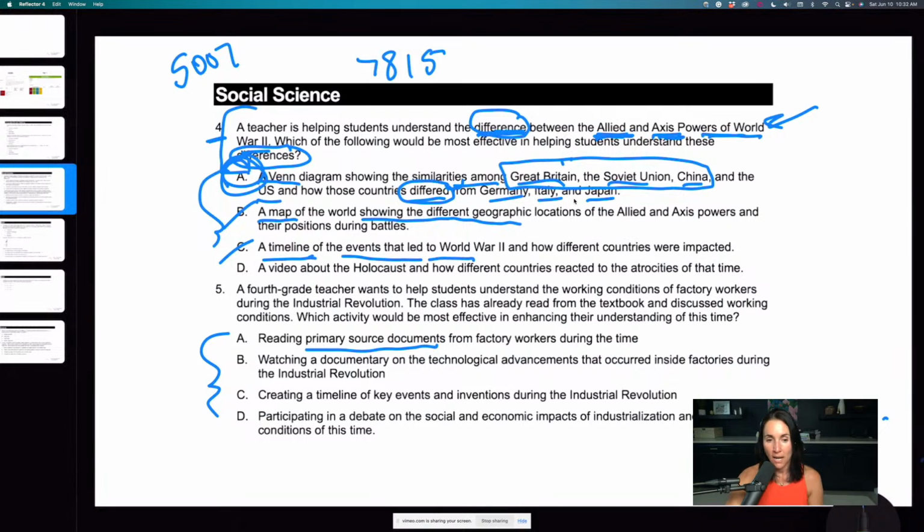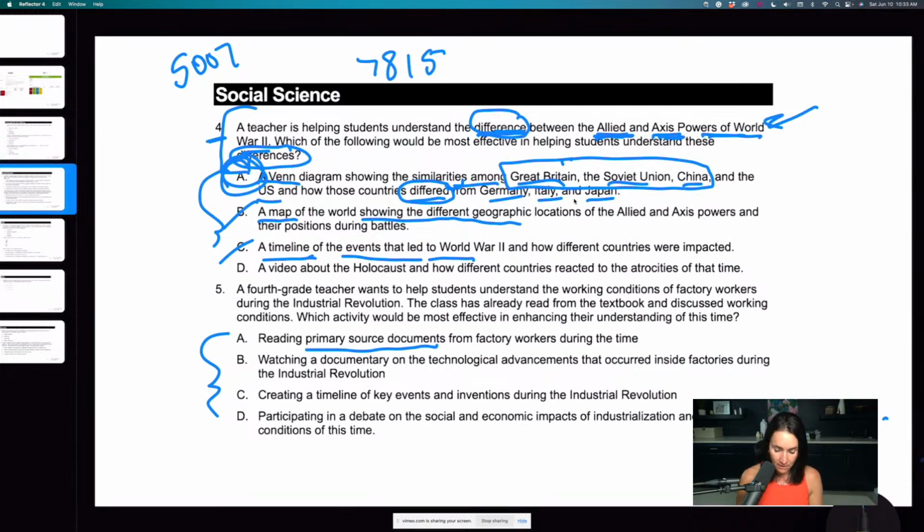So a letter, a diary, an interview directly with the person who is there. The U.S. Constitution is a primary source. You know, anything that is the original document. Now, a textbook being written about World War II or being written about the Civil War, that's a secondary source. What we have to do is bring in the secondary sources because those are the things that are readily available to us as social studies teachers, but then bringing in those primary source documents to support what is happening. So A, I like. Let's have a look at B.